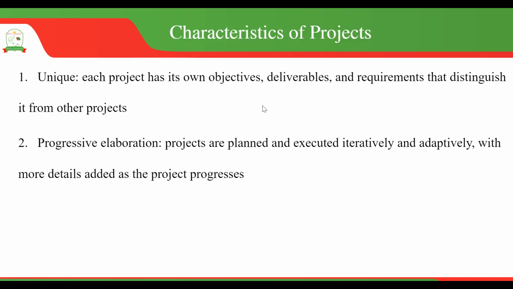Projects are implemented through working with different stakeholders. So you sit down and plan and then implement the project in what we call an adaptive and iterative manner. This is because as you implement the project, there are new things that you learn that you may need to change as the project is ongoing. So we have what we call progressive collaboration. You work with different stakeholders to make sure that the project is actually successful.